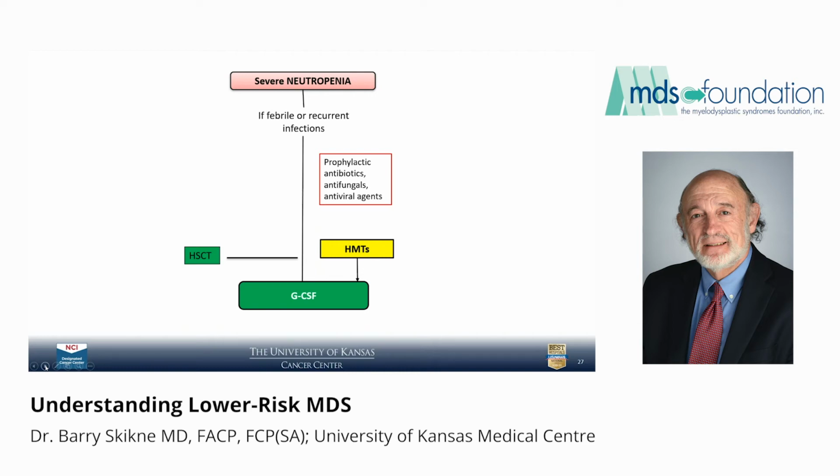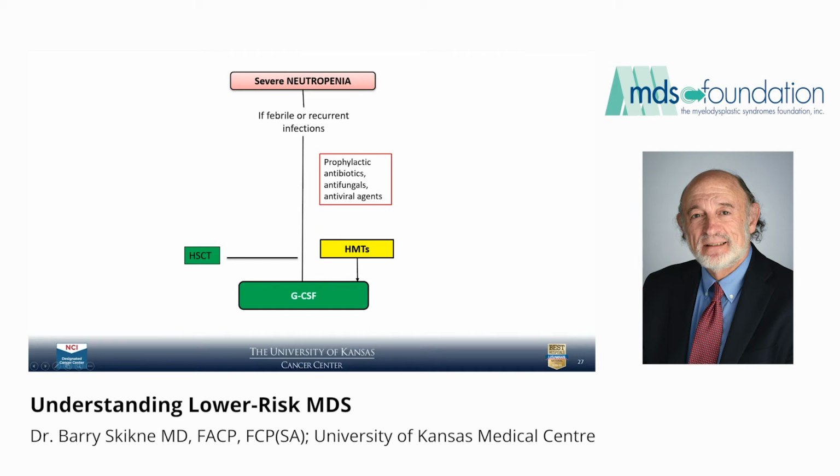So if one has this very low count, then one should go on to prophylactic antibiotics, antifungal agents, and antiviral agents to try and prevent infections from happening or control any infections that may already be on board in a patient.